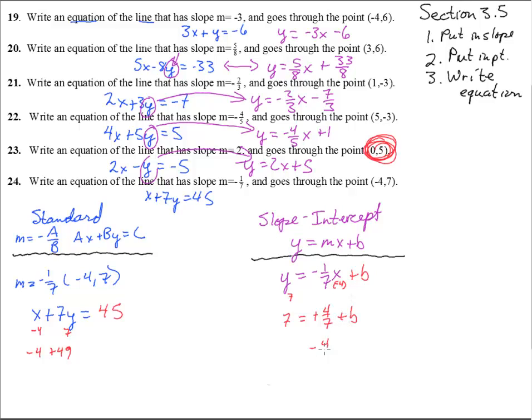So subtract 4/7 to both sides, subtract 4/7, and we get 49/7 minus 4/7. That's 45/7 positive equals b. So now we can write down the equation as y equals negative 1/7 x. We knew that one. And now it's plus 45/7.